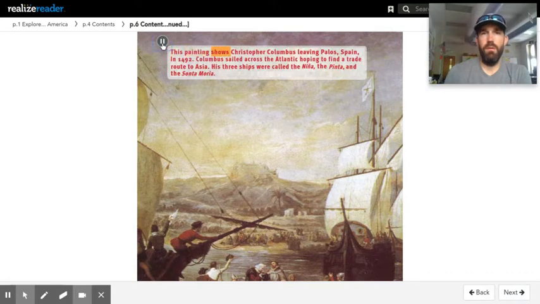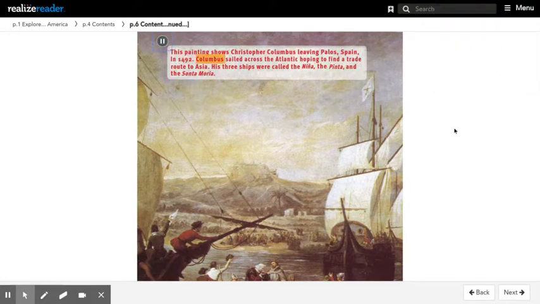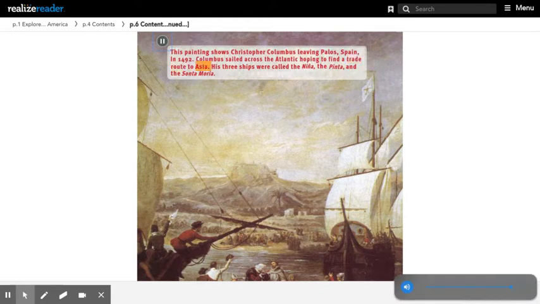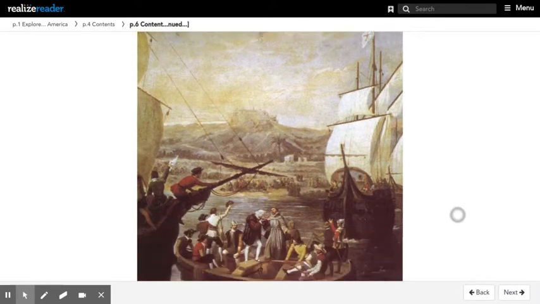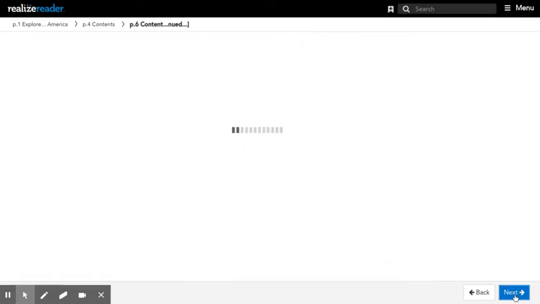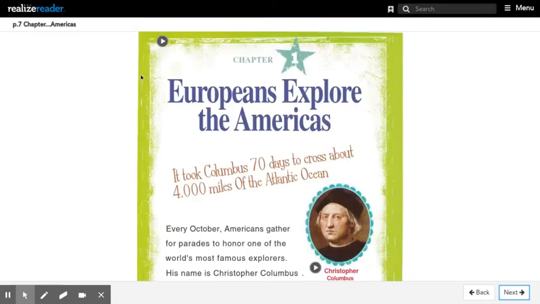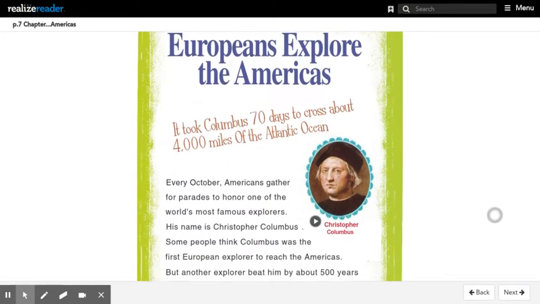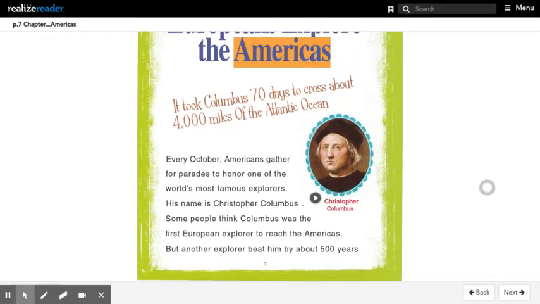This painting shows Christopher Columbus leaving Palos, Spain in 1492. Columbus sailed across the Atlantic, hoping to find a trade route to Asia. His 3 ships were called the Niña, the Pinta, and the Santa Maria. Chapter 1. Europeans explore the Americas.